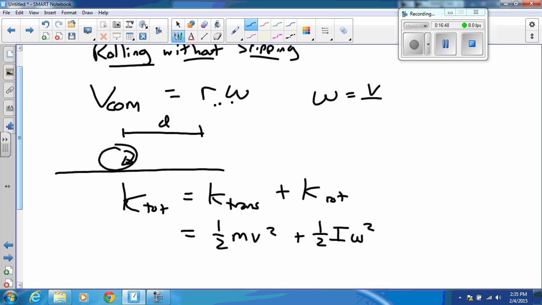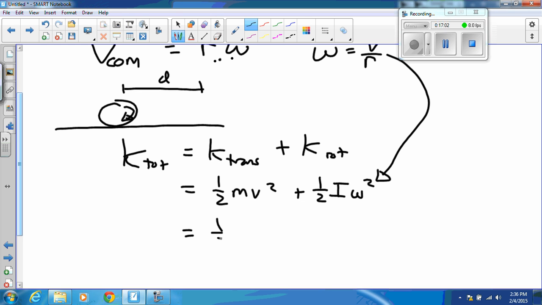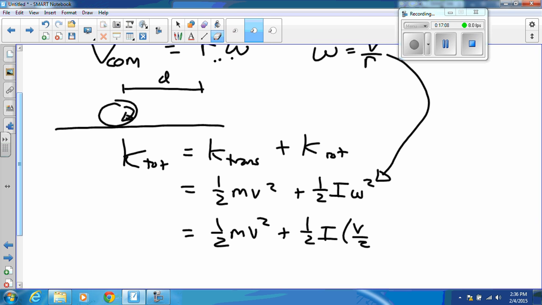Omega is equal to the velocity divided by the radius. And that means that I can substitute directly into the omega expression right here. And when I do, I get an expression that is a function of only the velocity, without the angular speed being visible.